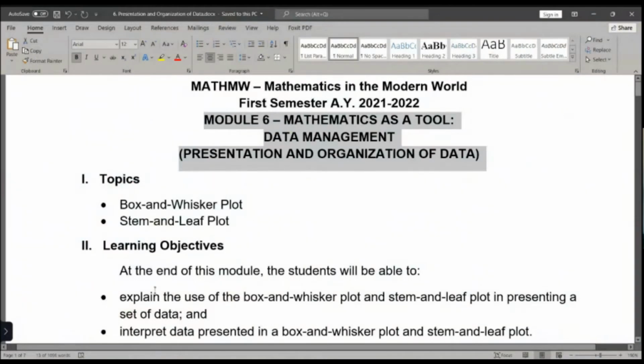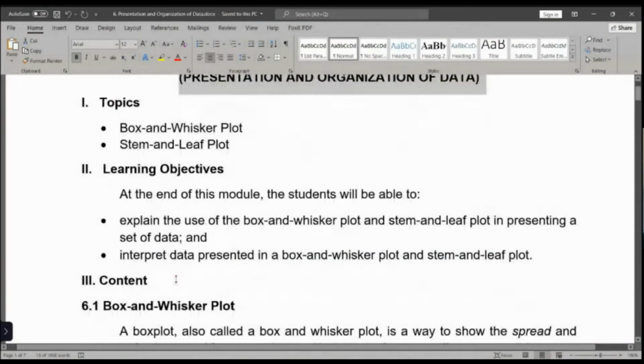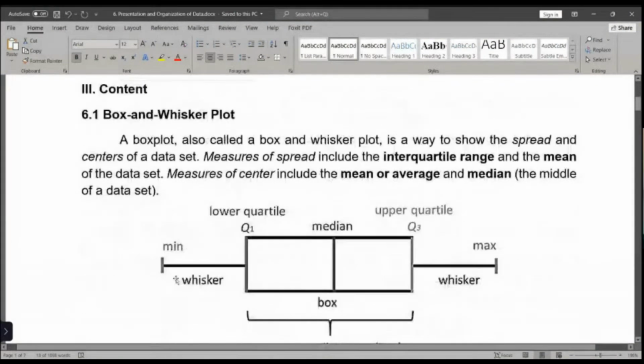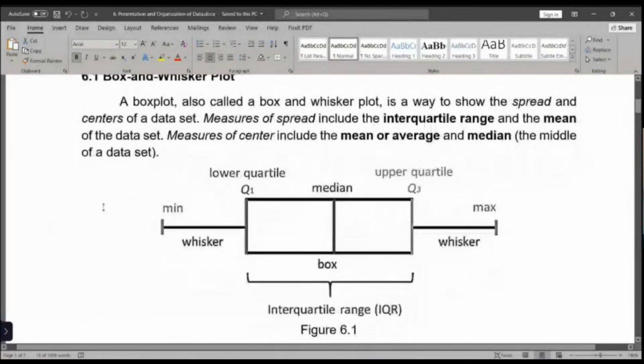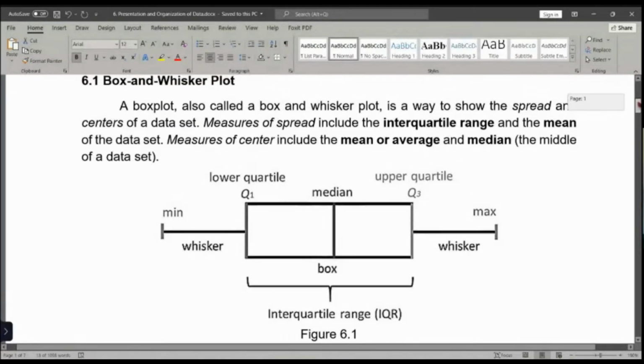Okay, so let's start with the box and whisker plot. A box plot, also called a box and whisker plot, is a way to show the spread and centers of a dataset.